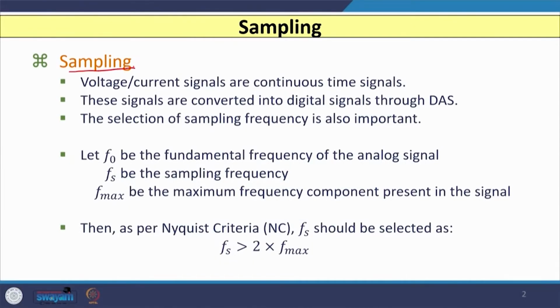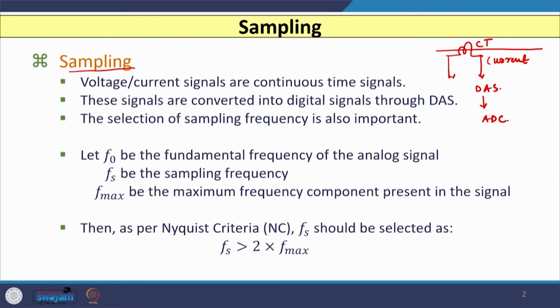So, let us start with the first: what is sampling. We know that voltage and current are continuous signals. As I explained in the last slide, when we have a feeder and we acquire the current signals from the secondary of the CT, these signals phase-wise are acquired by the data acquisition system and given to the analog to digital converter block.